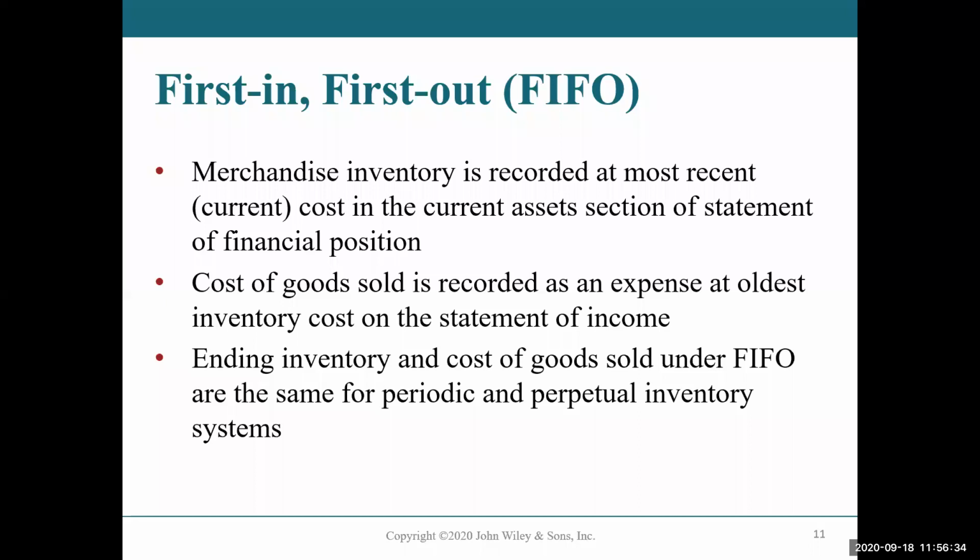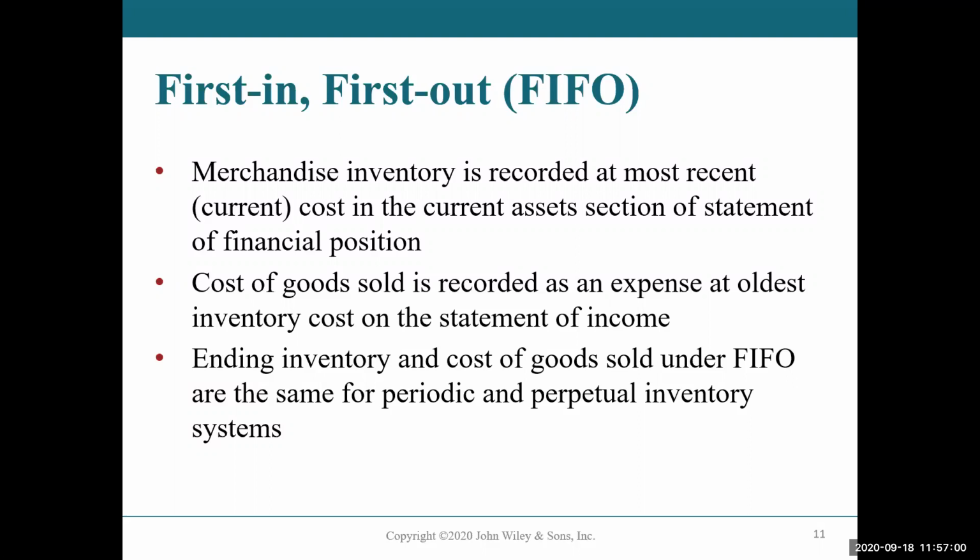On the other end, though, the cost of goods sold is recorded as an expense at the oldest items that were available. In that case, your items might have been purchased a couple of months ago, when the prices were lower or higher. So the cost of goods sold that you have determined is going to be based off of first in, first out, whatever was purchased first.